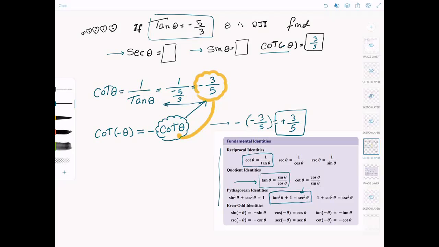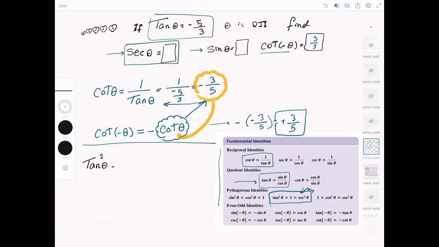So let's find secant. The relation between secant and tangent is this formula: tangent square theta plus 1 equal to secant square theta. Where did this come from? Your note sheets, correct?